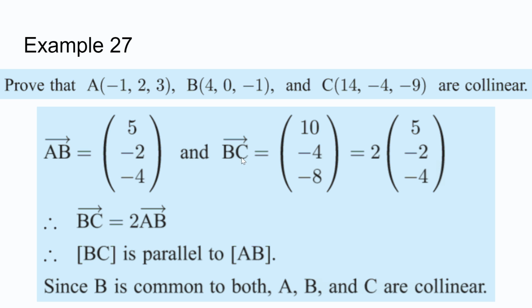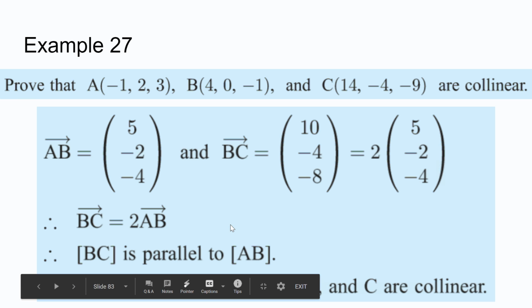And we do the same thing for BC. We get 10, -4, -8. And we notice that those are clearly connected to each other. Specifically, if I were to multiply the components of vector AB by 2, I end up getting vector BC. Therefore, since they are scalar multiples of each other, A, B, and C are collinear.